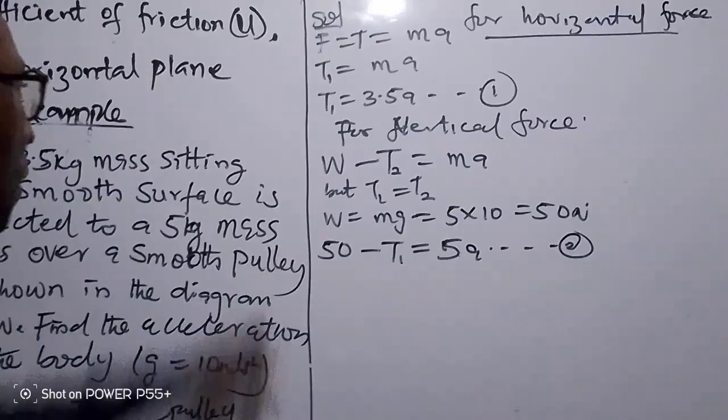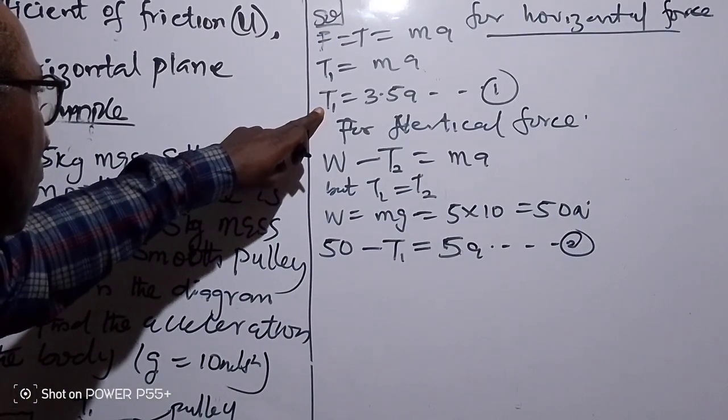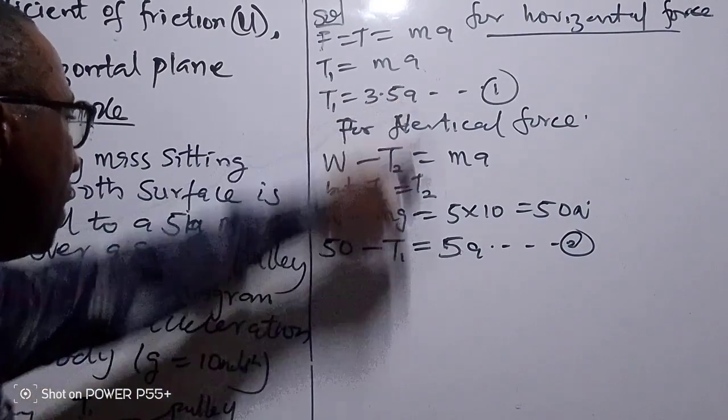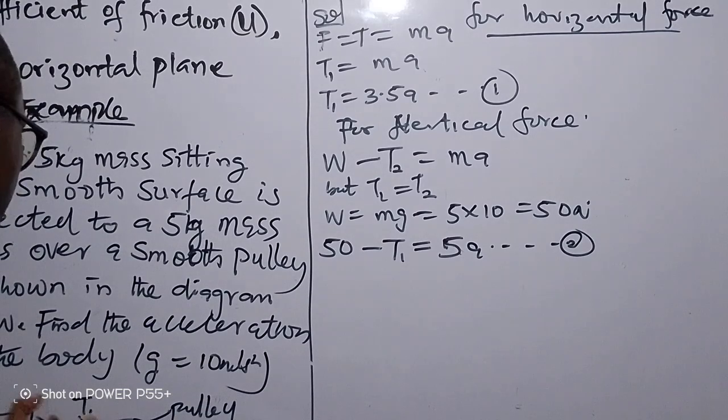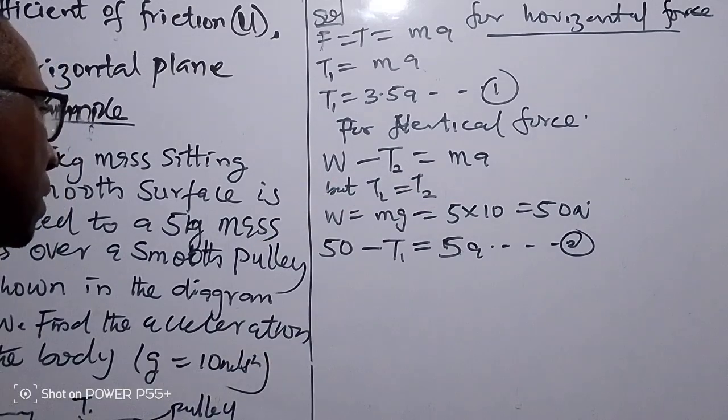From equation 1 now, you can say T1 is equal to 3.5A. And we said the tension will be the same at both sides. That is why we said T1 is equal to T2 and we stick to T1.